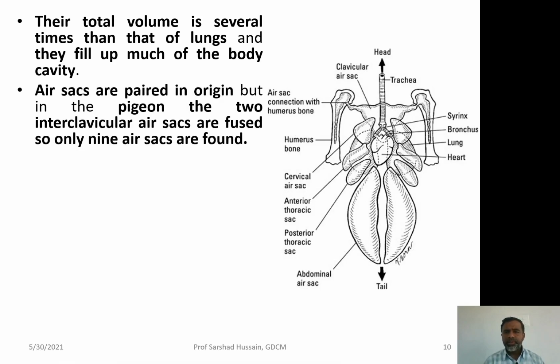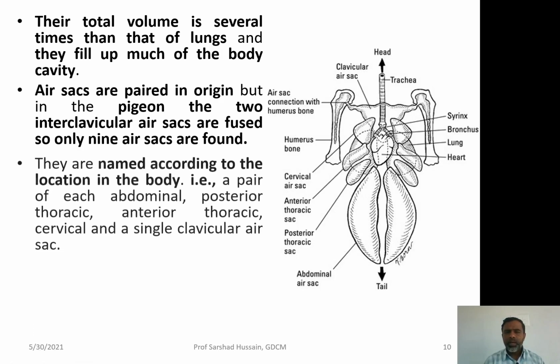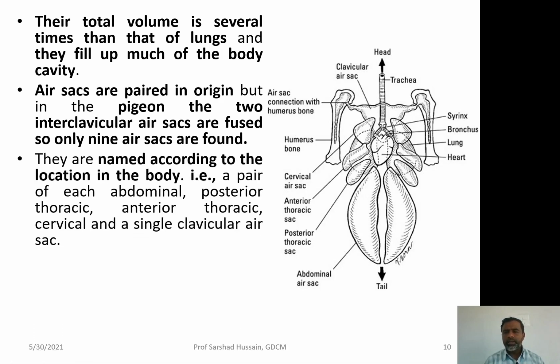Air sacs are paired. You see, one on this side, one on the other side. But in the case of the pigeon, the clavicular air sac of both sides is fused and forms one sac. So here you can see they are 9 in number, otherwise they would be 10 in number. The sacs are named after the body part where they are located.